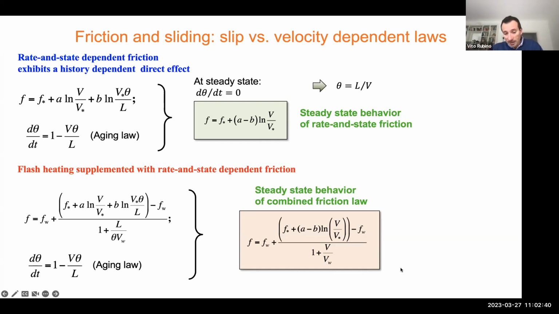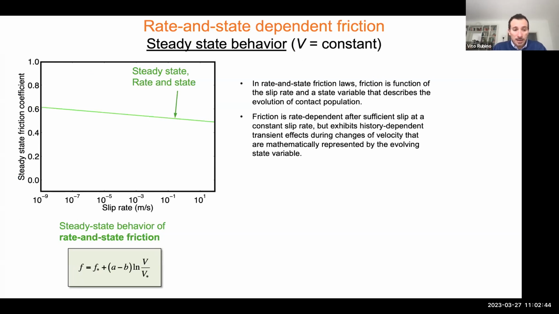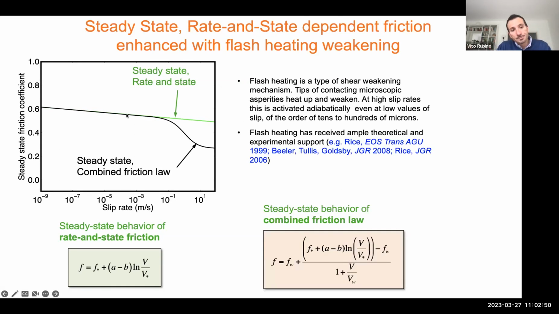So now we can use the steady state version of flash heating first, and use the rate and state parameters at low velocity, so that the two models overlap. Rate and state, and combined rate and state with flash heating, overlap at low slip velocity, but diverge at high slip velocity, where the flash heating gives a more pronounced weakening.